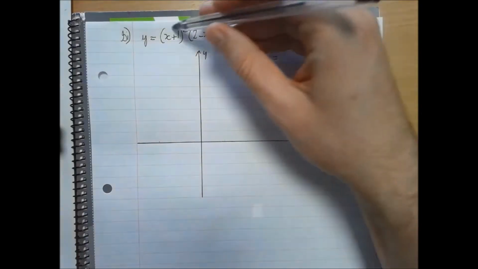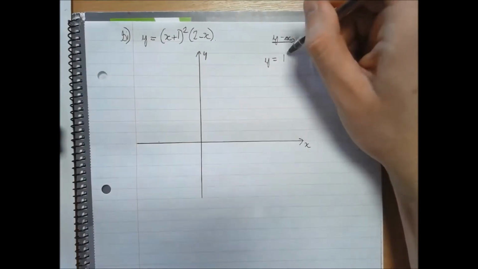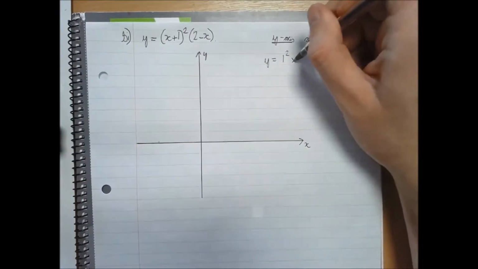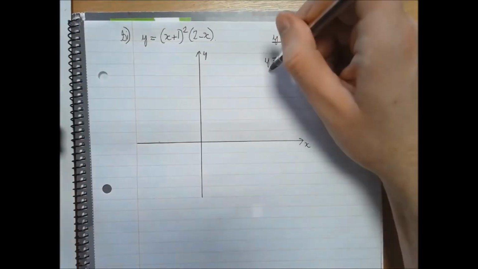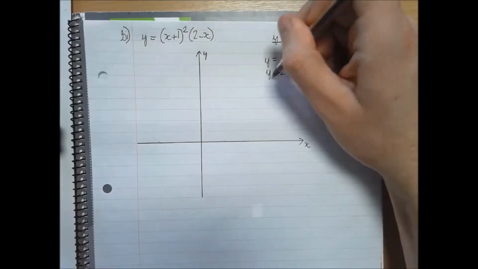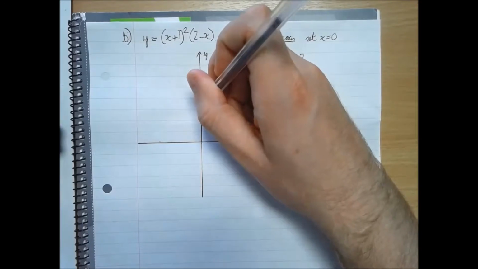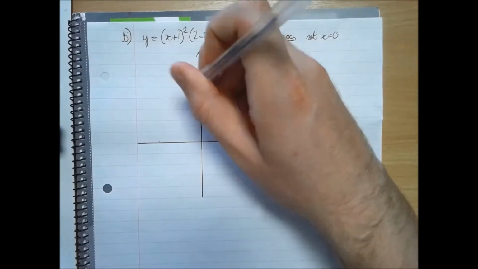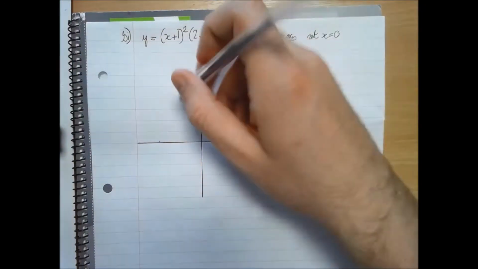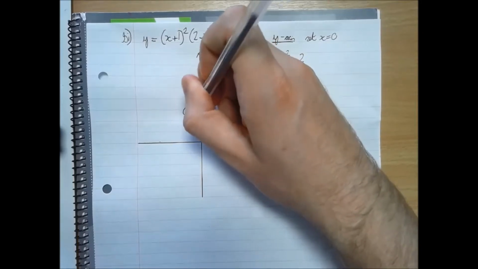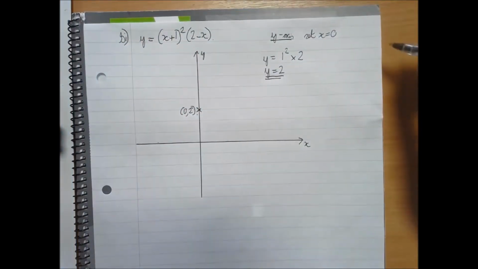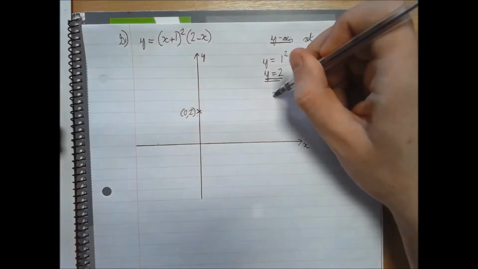So y effectively is (0 plus 1) squared, that'll be 1 squared, times 2. Okay, so we know it's going to cross the y-axis at 2, so (0, 2).